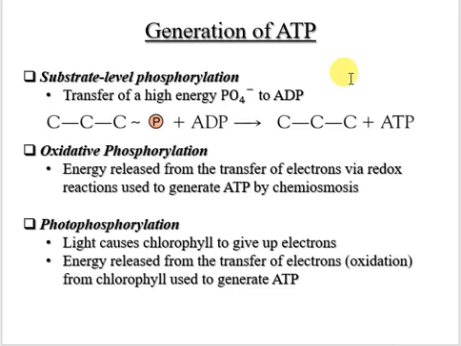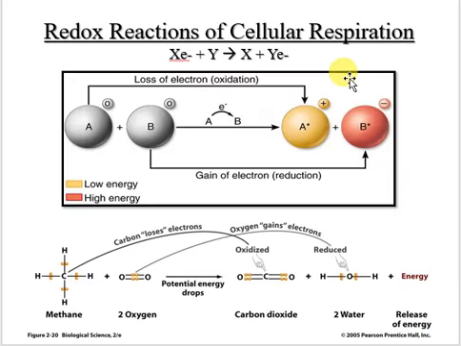And that transfer of electrons between those two compounds releases energy. That energy is then harnessed to generate ATP, specifically through a process called chemiosmosis, which we'll talk about at the end of the electron transport chain. So that's looking at your coupling reactions, and those deal primarily with cellular respiration as far as generating ATP.